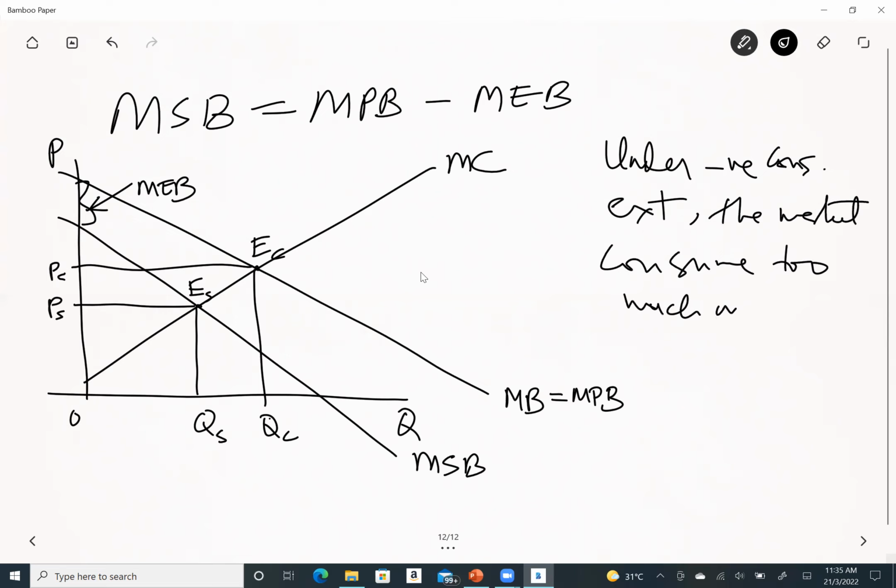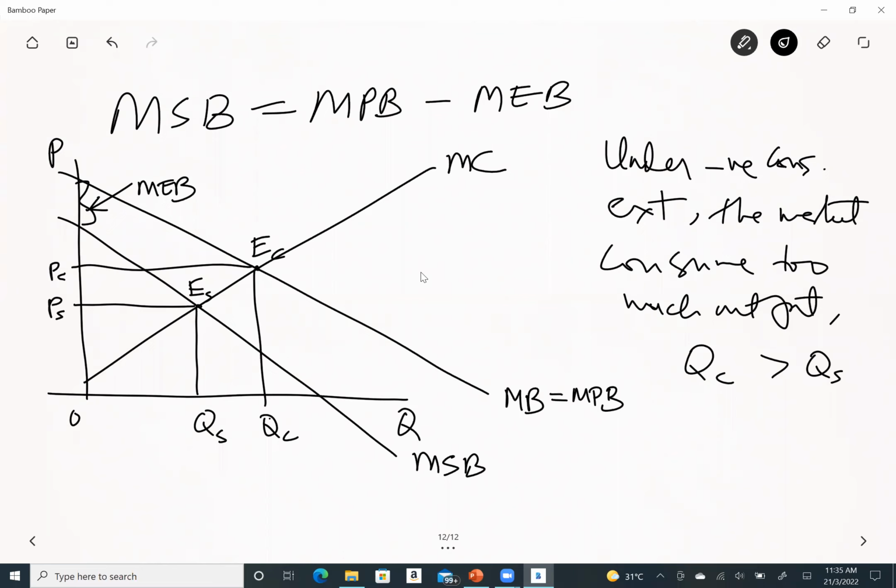Okay, too much output, because the QC is bigger than QS. Right? If you just leave it to the market, we consume too much. The example that we're looking at is the cigarette smoke. So there will be too much smoke. That means there will be too many people consuming cigarettes. Okay, too much smoke. So that is the effect on the market.